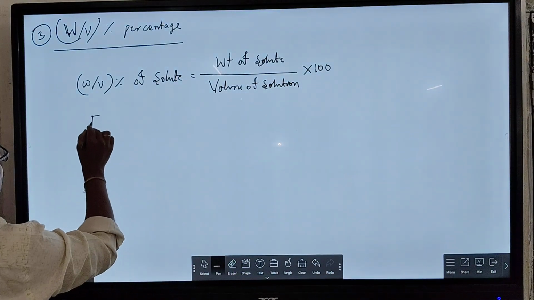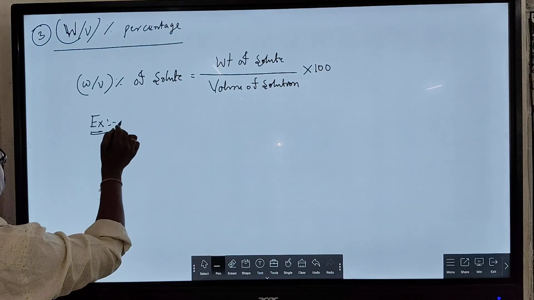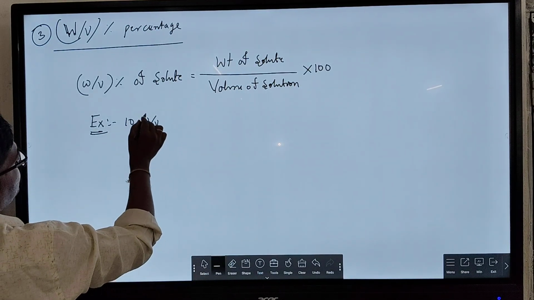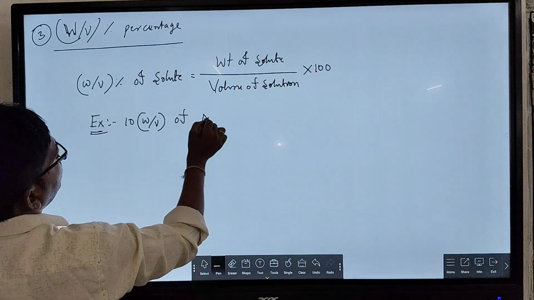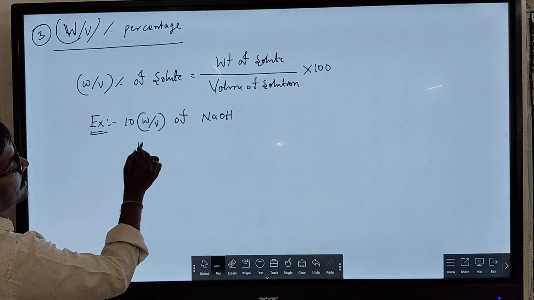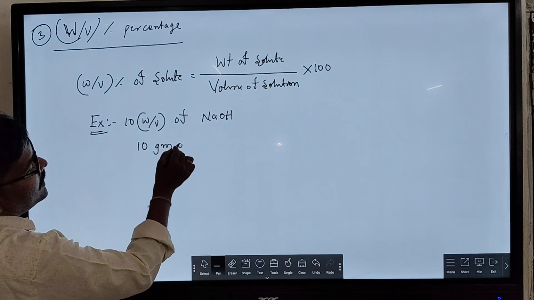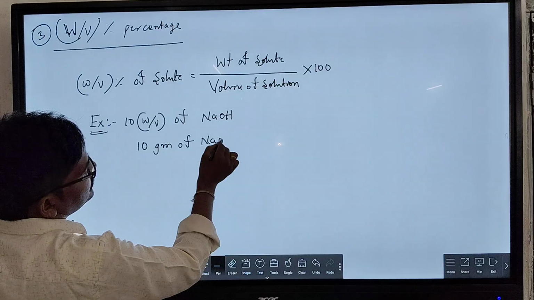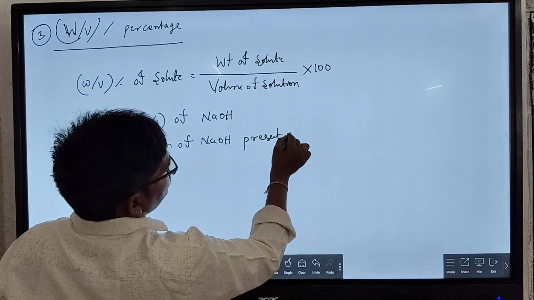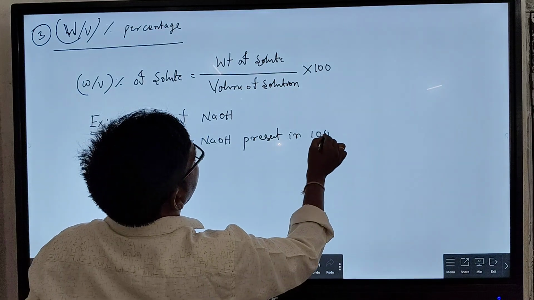Sir, for example, 10% of weight by volume percentage of NaOH means 10 grams of NaOH present in 100 ml of solution.